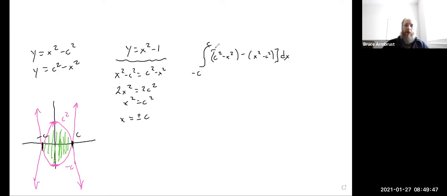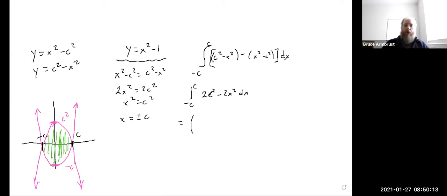We're going to integrate that with respect to x. All right, so before we actually do the integral, let's simplify in here. I've got c squared minus a negative c squared, so that's 2c squared, minus x squared, minus another x squared is minus 2x squared. And now let's integrate.